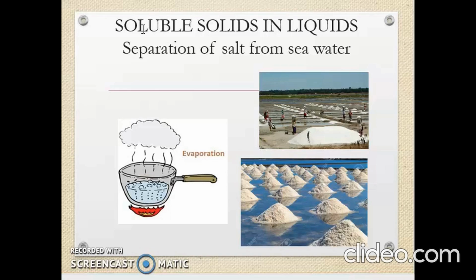This process of evaporation is used to recover a solid component that dissolves in water or some other liquid. The dissolved solid is left behind as a residue when the liquid evaporates. Therefore, by heating this mixture of salt and water, we can get the salt after the water evaporates in the china dish.